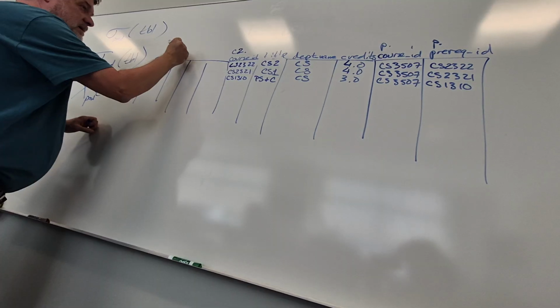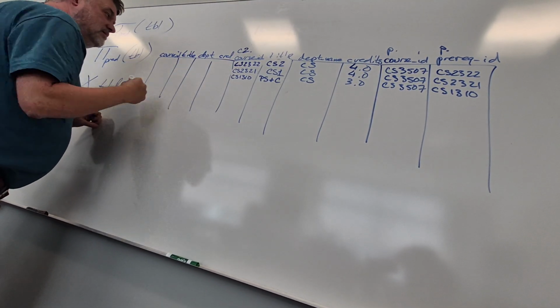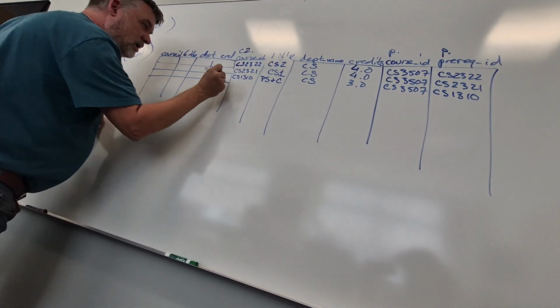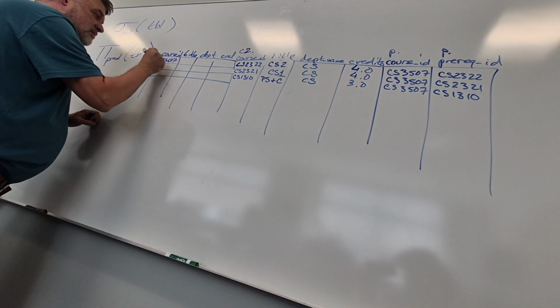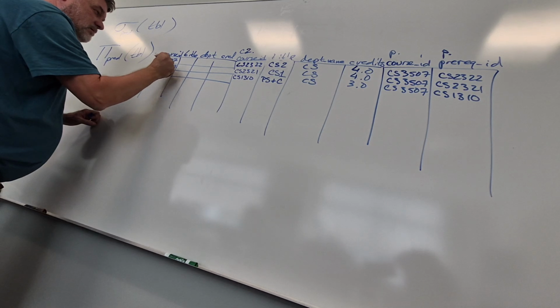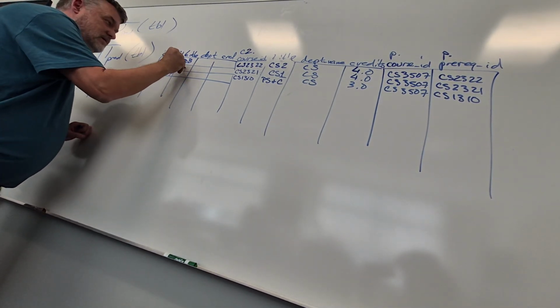Course ID and title and dept name and credits. These first 3 rows were all CS3507, the DB class.